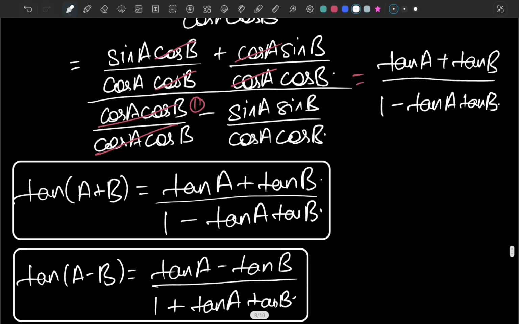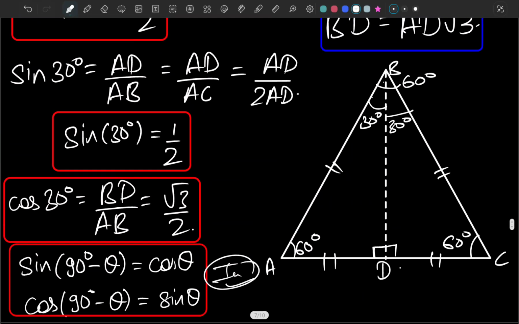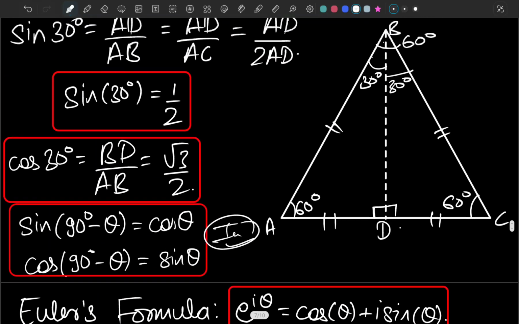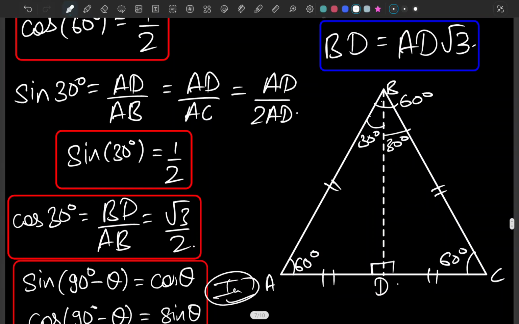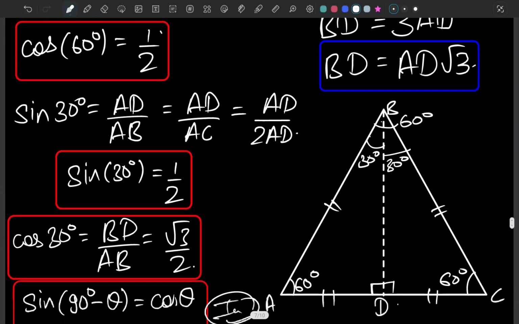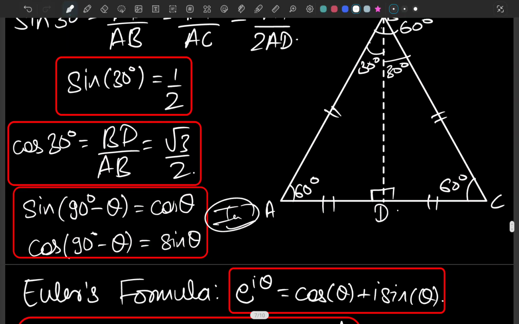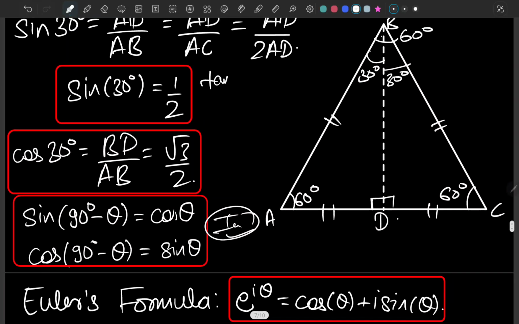Oh, did I miss something here in the proof of this one? I think I did miss, because I didn't talk about the tangent of 30 and tangent of 60, but it's not difficult. Tangent of 60 is sine of 60 over cosine of 60.